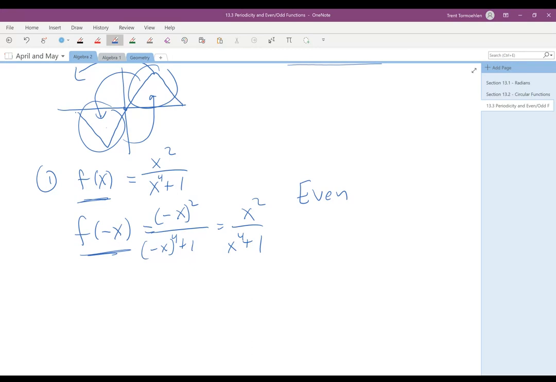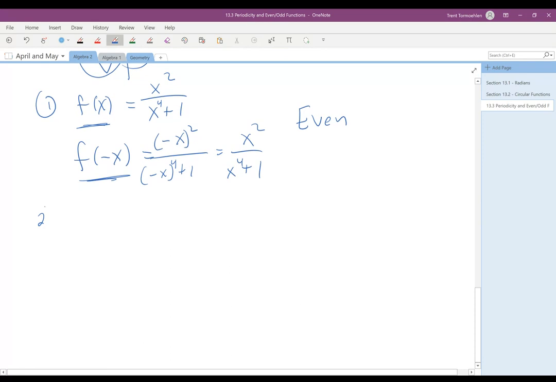Okay, and then we could look at one like this. f of x equals sine of x. Well, if I look at f of negative x, does f of negative x equal sine of negative x? And so now we've got to think about, well, what does this mean?